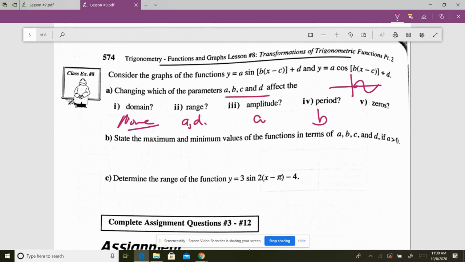Which one will change those values? C is one, because it'll move it left or right. What else? B will, because if you expand or contract it, you're multiplying by a constant. And there's one more? Not A, because A just moves like this, right? It's the D value. If you move it up, it'll change them all as well. So it's B, C, and D.